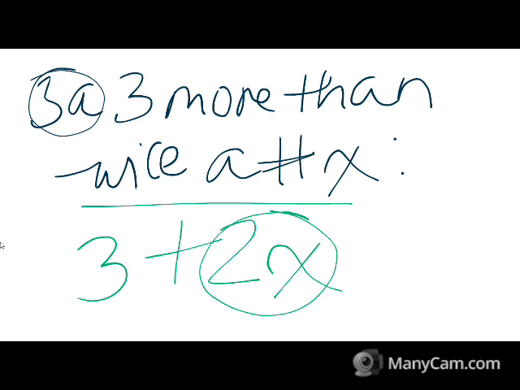Right, let's try one more of these. Let's try 3b. This states 9 less than the quotient of 6 and a number x. So it's going to be 9 less than whatever that quotient is.